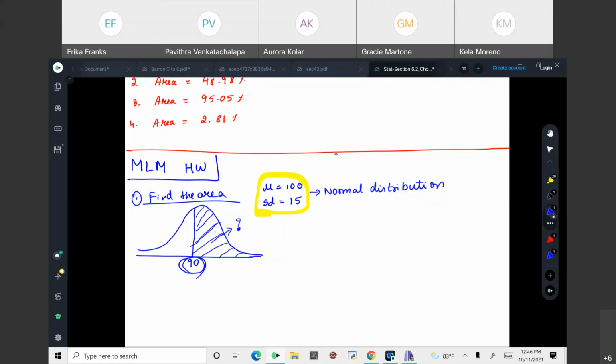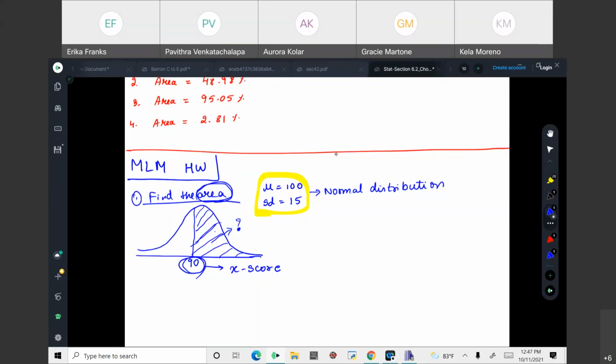It could be X or Z. Depending on the mu and standard deviation, you have to find out whether it is X or Z. In this case, you have to find the area, so this is a score. Now to find the area, you use normal CDF. Use the same thing, and then you can find the area.